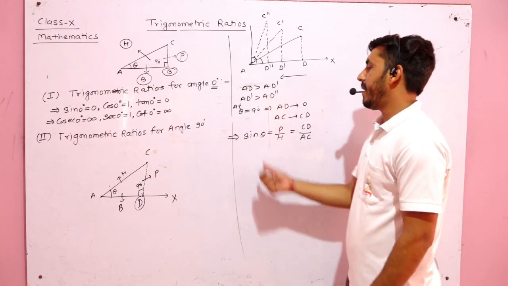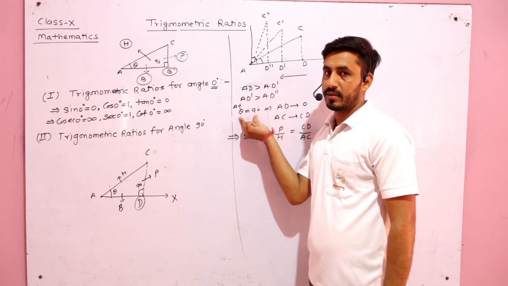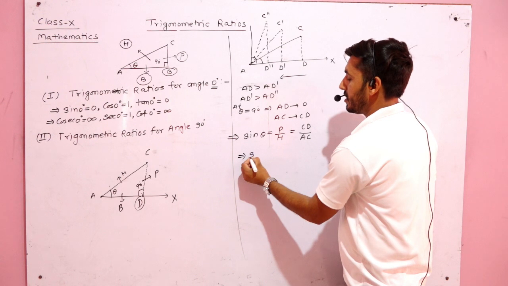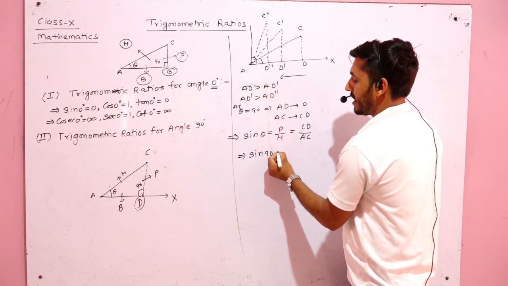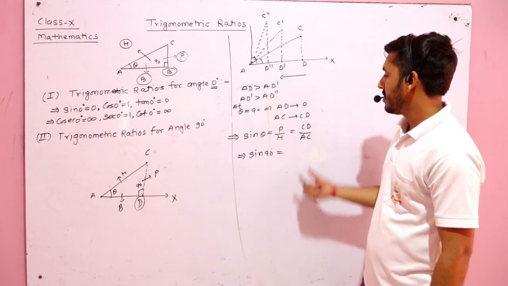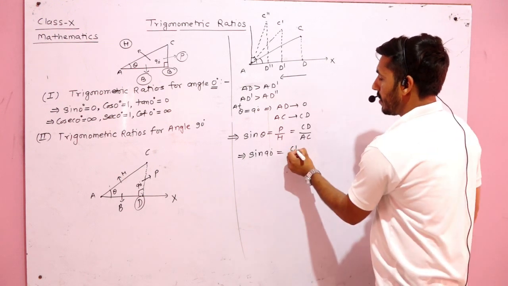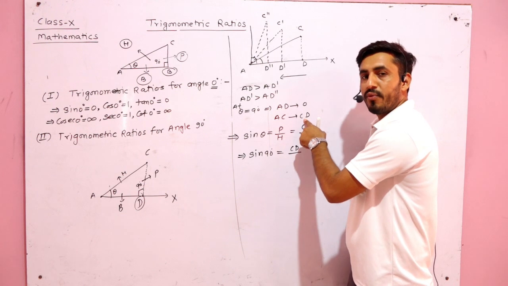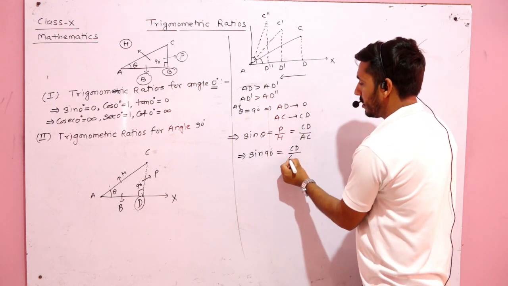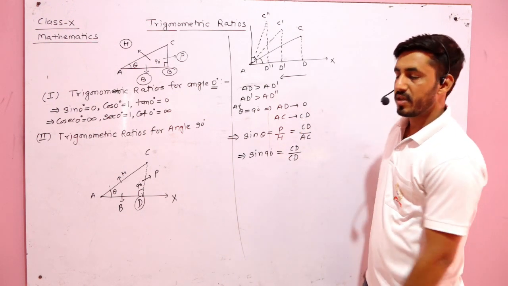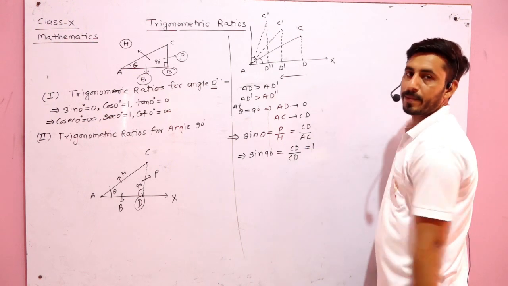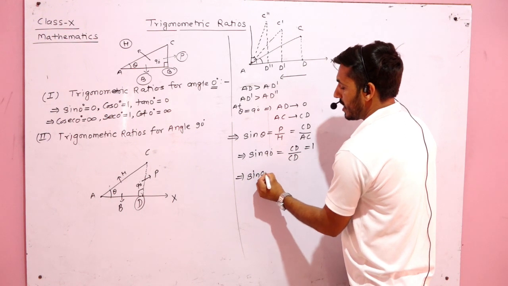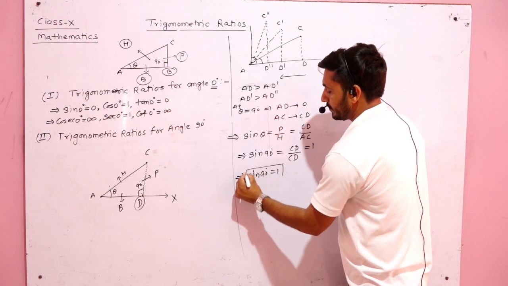If I am taking theta as 90 degree, then sine 90 degree is given as CD upon AC, and the value of AC is also moving towards CD. In the final situation AC will also be CD, then the value obtained will be 1. In this condition I can write sine 90 degree is equal to 1.